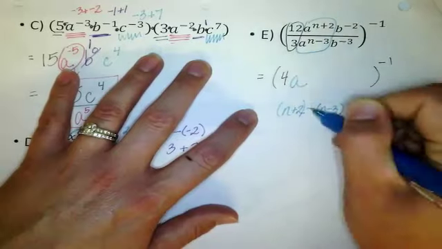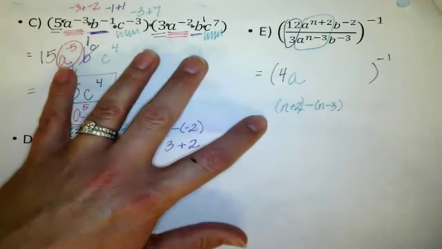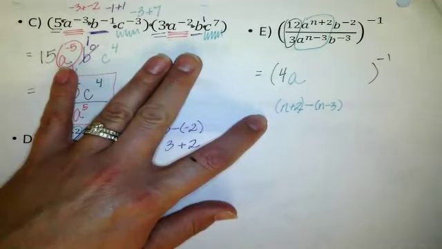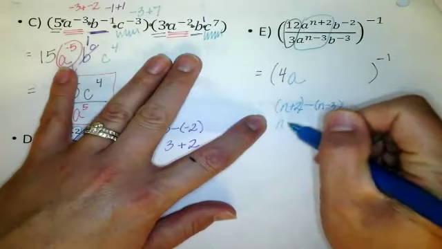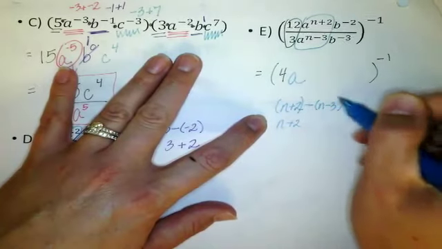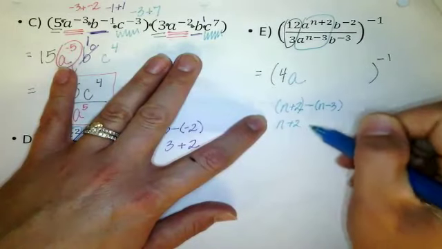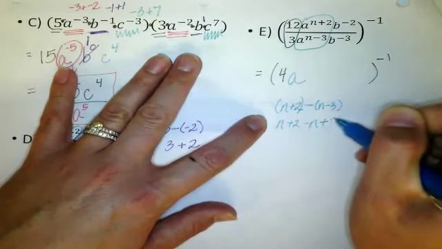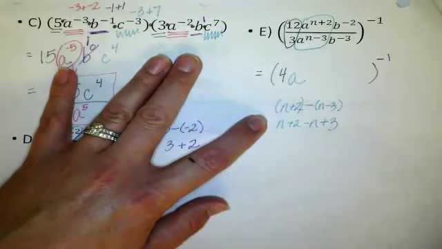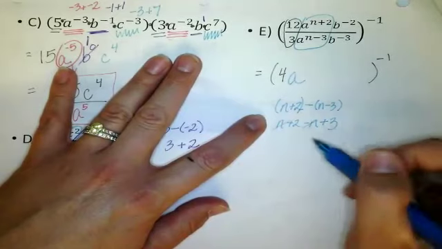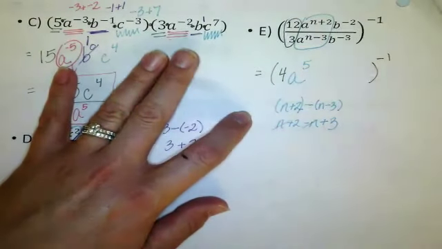The top minus the bottom, right? What do you have to do with that negative? Distribute it. That's the tricky part here. N plus 2, I need to subtract the entire exponent in the denominator, so it becomes negative n plus 3. What happens with those n's? They cancel out, and we're left with 5. Hey, that was handy.